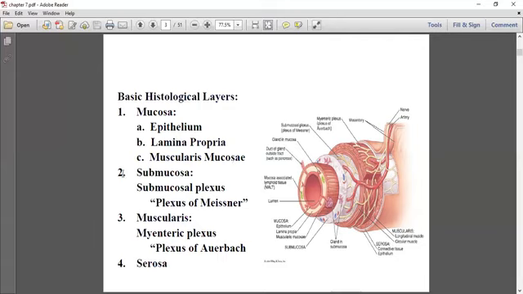The second basic tissue or histological layer, submucosa.